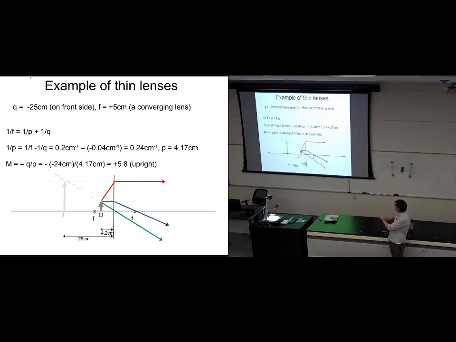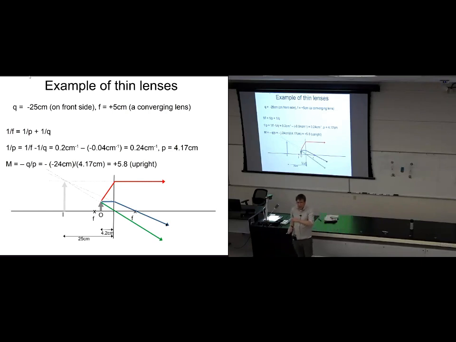Plugging in the image position, minus 25 centimeters, the inverse is minus 0.04 inverse centimeters. I've got to be careful about the signs. There are 2 minus signs here, so I'm going to end up adding 0.04 inverse centimeters to the 0.2 inverse centimeters, which gives me 0.24 inverse centimeters. Then I take the inverse of that to get the object position. It comes out to be 4.2 centimeters.